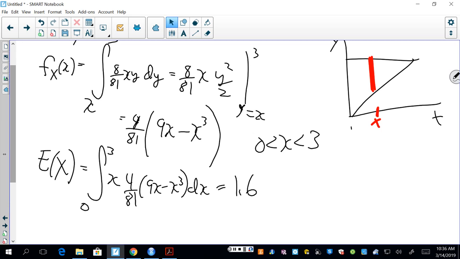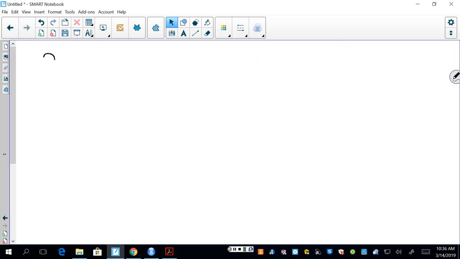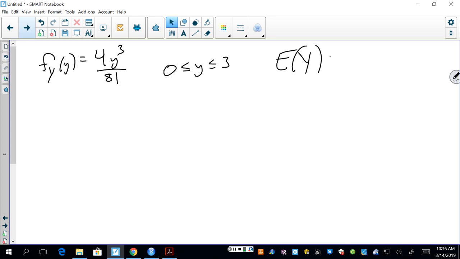If you do a similar thing with y, I have the density of y written down. I'll just give you the answer, and if you're interested in checking, the density for y ends up being 4y cubed over 81 for y between 0 and 3. And the expected value of y, if you calculate that, ends up being 2.4.